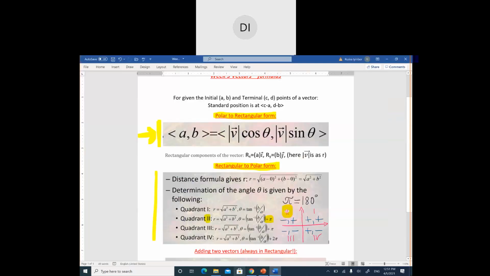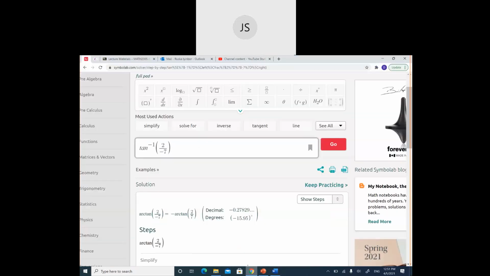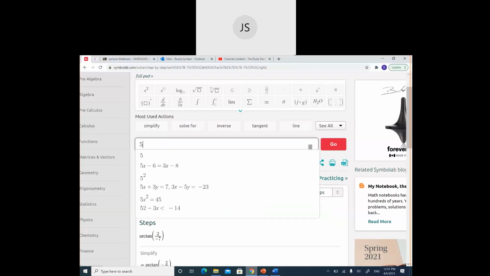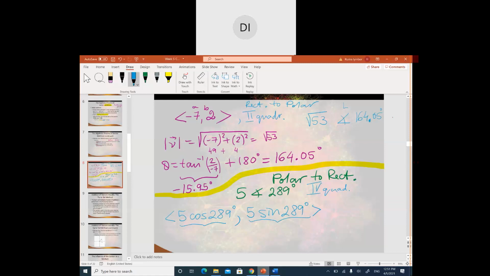May I ask a quick question? Yes, go ahead. What is the cosine and sine? I don't know what those are. Those are functions from pre-calculus. Sine, cosine and tangent are trig functions.